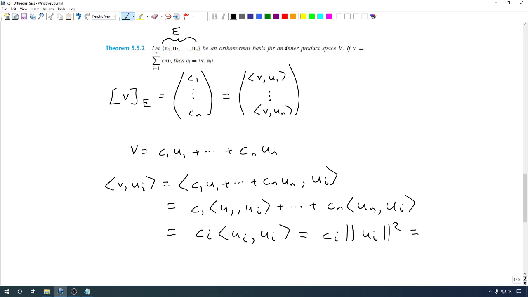And we're insisting here we have an orthonormal basis, so each of the vectors has norm 1. So this is really just Ci. So Ci is this inner product. Easy enough. But it means that once we have an orthonormal basis, once we have this very nice situation, we can find the coordinates of any vector just by taking the inner products. And we don't have to do anything more than that.